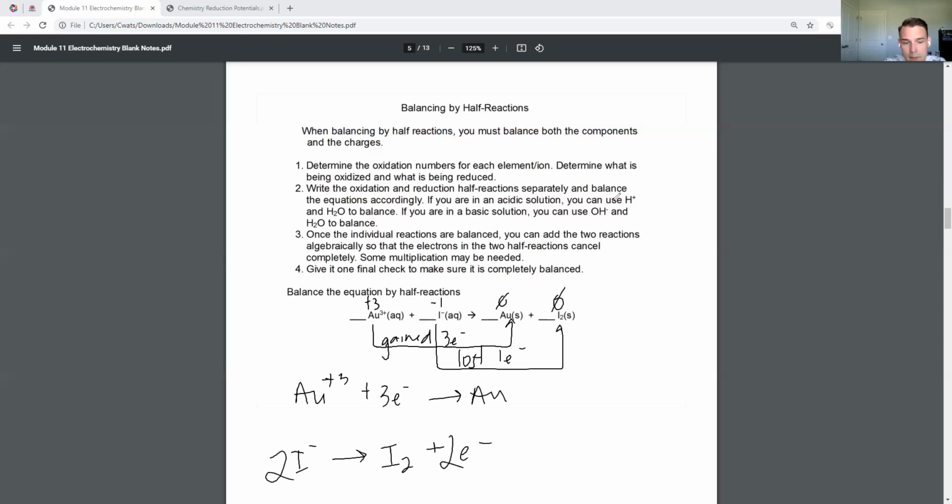And then I'm on step 3. Once the individual reactions are balanced, you can add the 2 reactions algebraically so that the electrons in the 2 half reactions cancel. In order to bring our 2 half reactions together, you have to have the same number of electrons. That's the key. So I'm going to multiply the top one by 2 and the bottom one by 3.